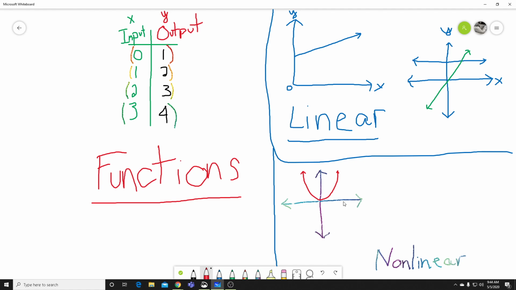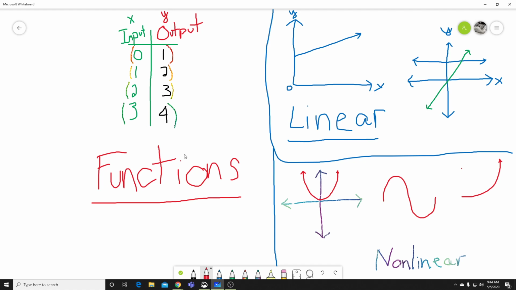I'm not going to draw the coordinate plane for each one just for the sake of time, but you might see a graph like this. That's called a sine graph. Don't worry too much about that, but it is a type of nonlinear graph. You also might see exponentials, which go something like this.